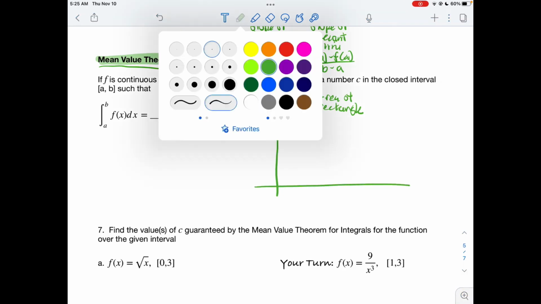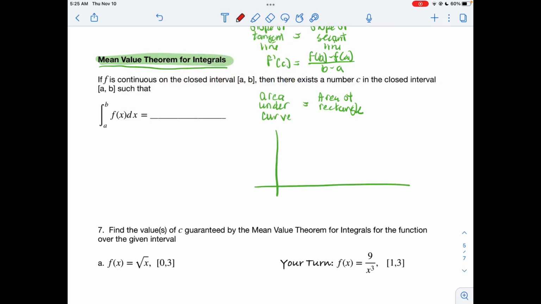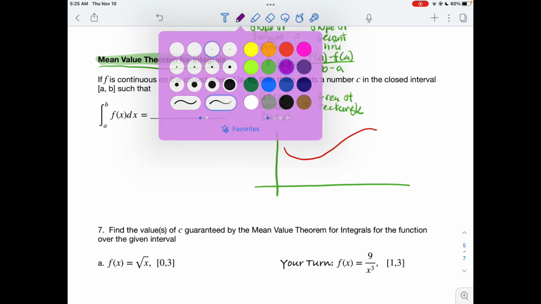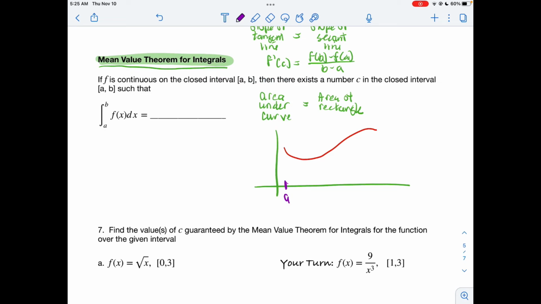So let me give you an example of what this looks like. Let's say this is our function f of x, and I wanted to use the mean value theorem of integrals. Let's say I'm over the interval from a to b.